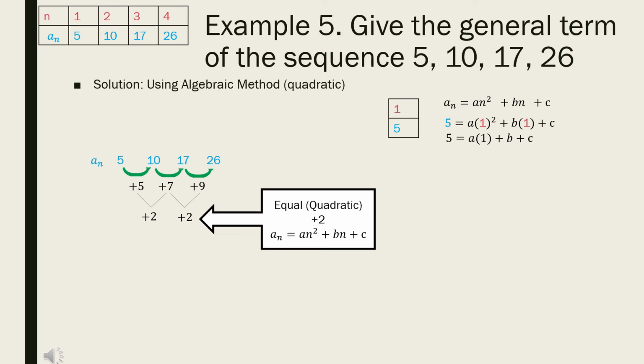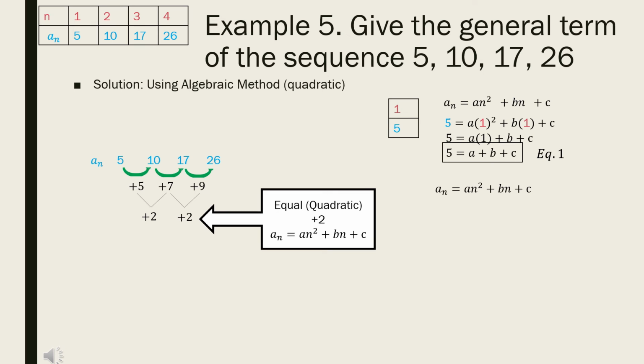Then simplify. 1 squared is just 1, and b times 1 is just b. So 5 is equal to a times 1 plus b plus c, and a times 1 is a. So we have 5 is equal to a plus b plus c. That is our equation 1.